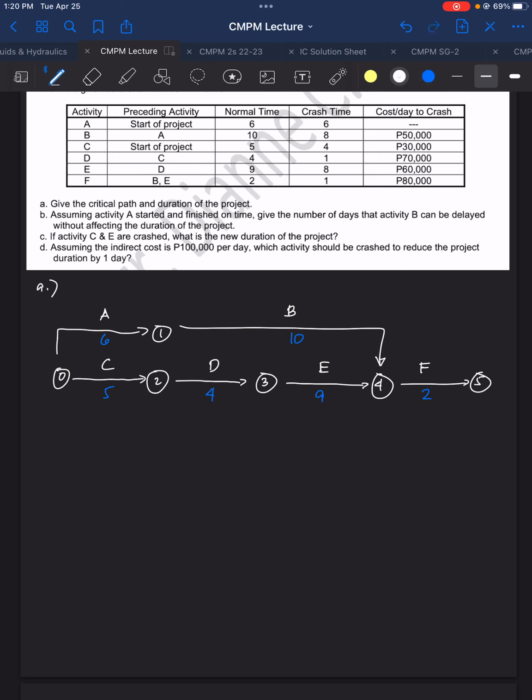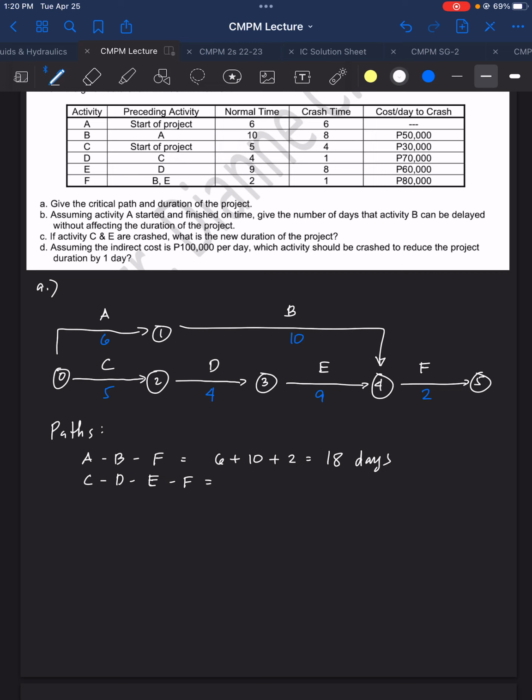So, critical path and duration of the project. For paths, we have here A, B, F. First one is A, B, F. Next path is C, D, E, F. So, ABF is 6 plus 10 plus 2, so that is 18 days.